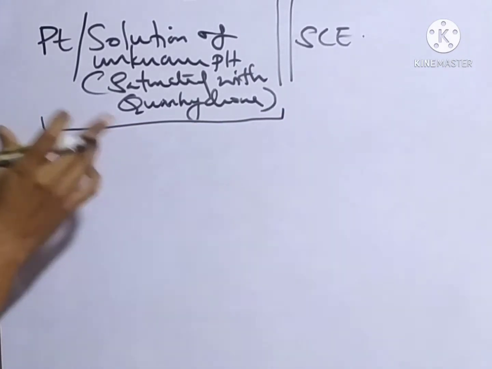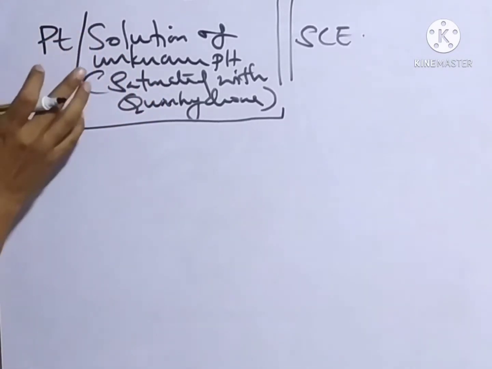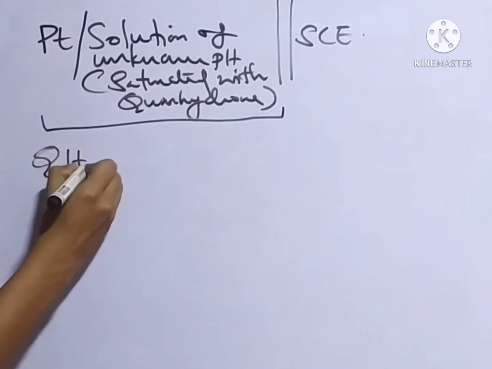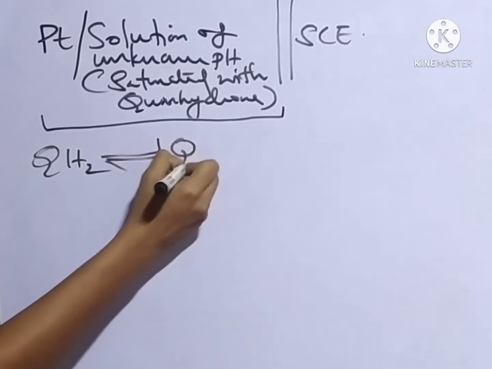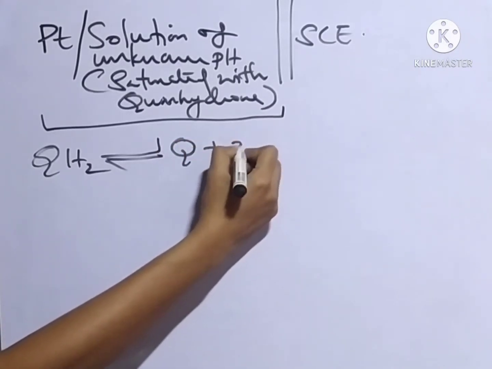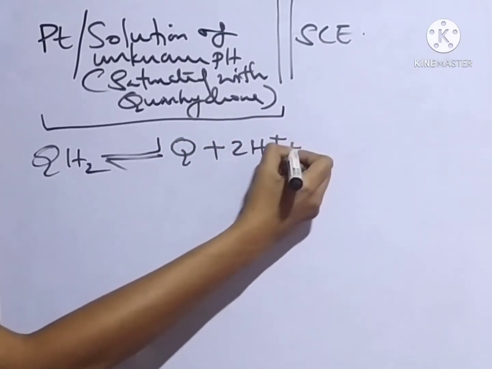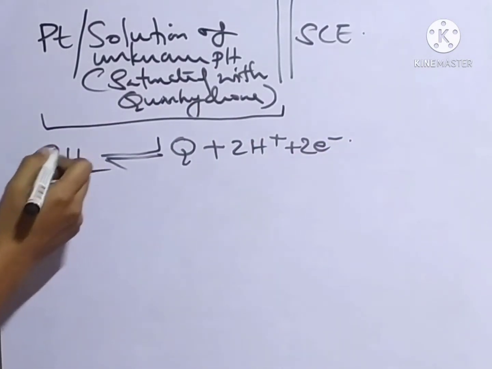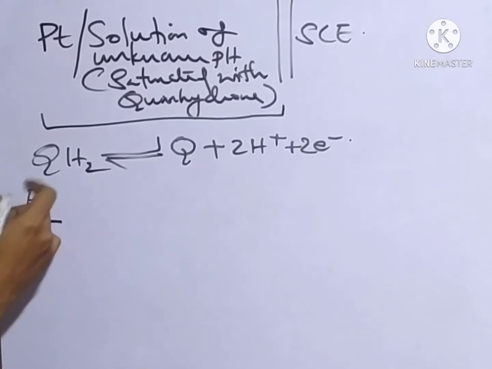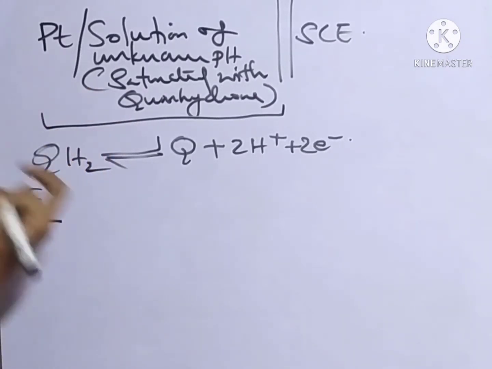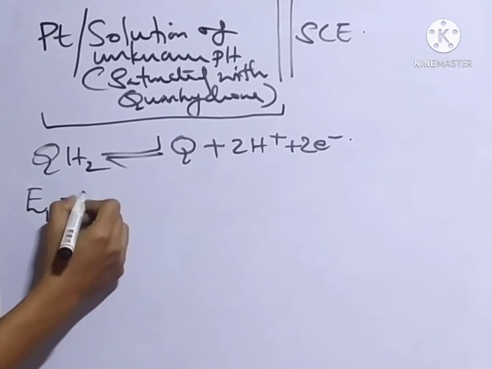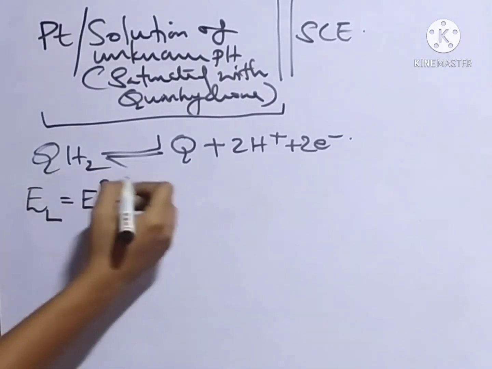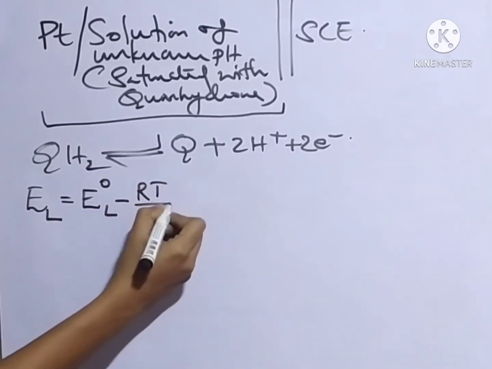Now, what about the cell reaction of the anodic half cell? Here, hydroquinone is converted into quinone, 2 H plus ions and 2 electrons. And the EMF of this cell, I'm going to take it as EL since it is the left half of our cell. So EL is equal to E0L minus RT by nF.